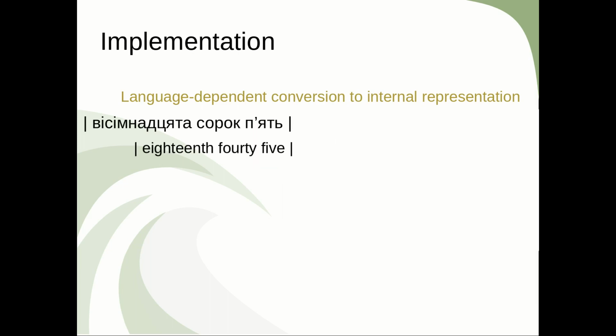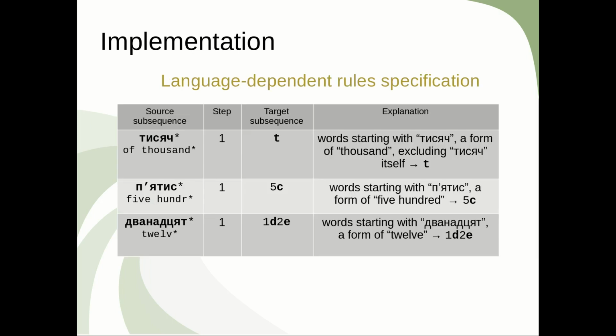Another example consists of 2 words, and we convert it to the following internal representation, which is quite apparent now. Here are some illustrations for language-dependent rule specification. The source subsequence specifies as many word forms as possible.